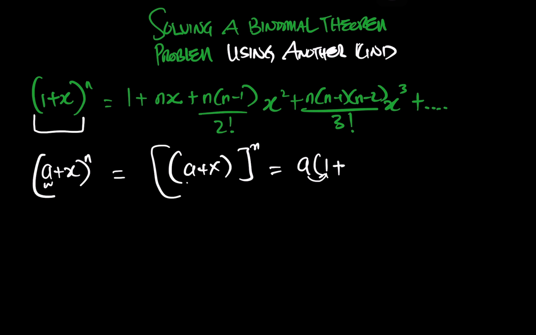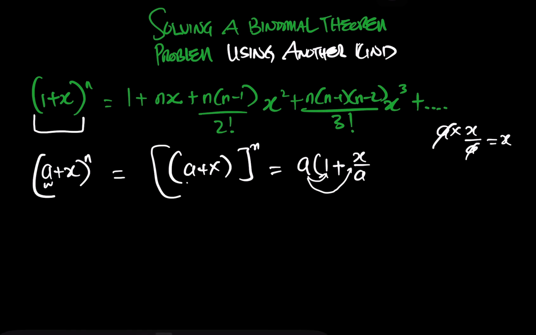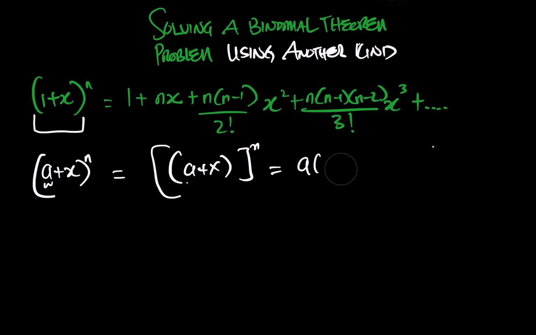But this time it's going to be plus x divided by a, so that when a multiplies x over a, it cancels out and you have our x, and we come back to where we started. So pretty much we have a(1 + x/a), and that's the inside.